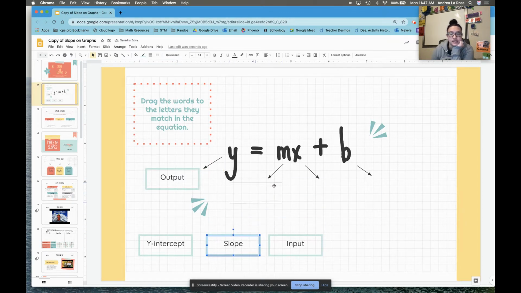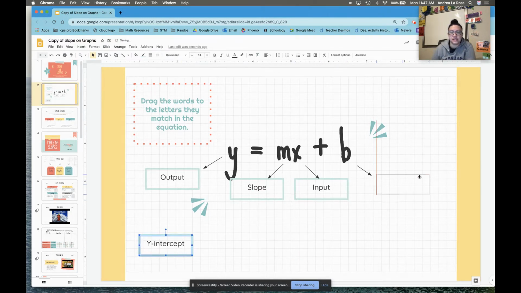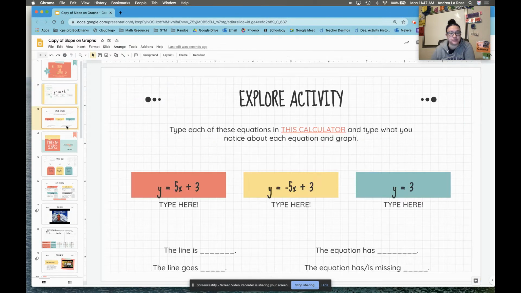My m is my slope. There's all those other words for m, for slope, but remember that's the one that we're going to use most often. Today in your extra Desmos practice, you'll see a lot of the other words used. The x is my input, and then my b is my y-intercept, where my line crosses the y-axis.